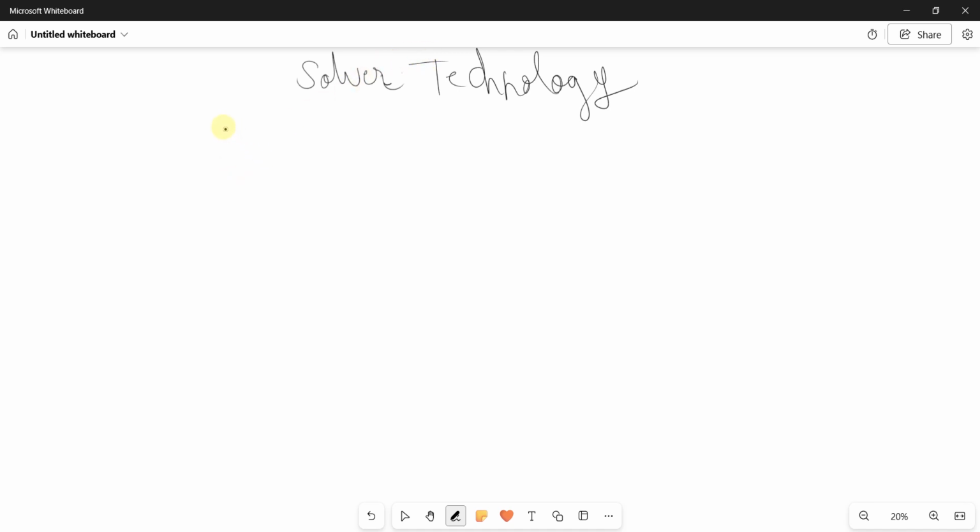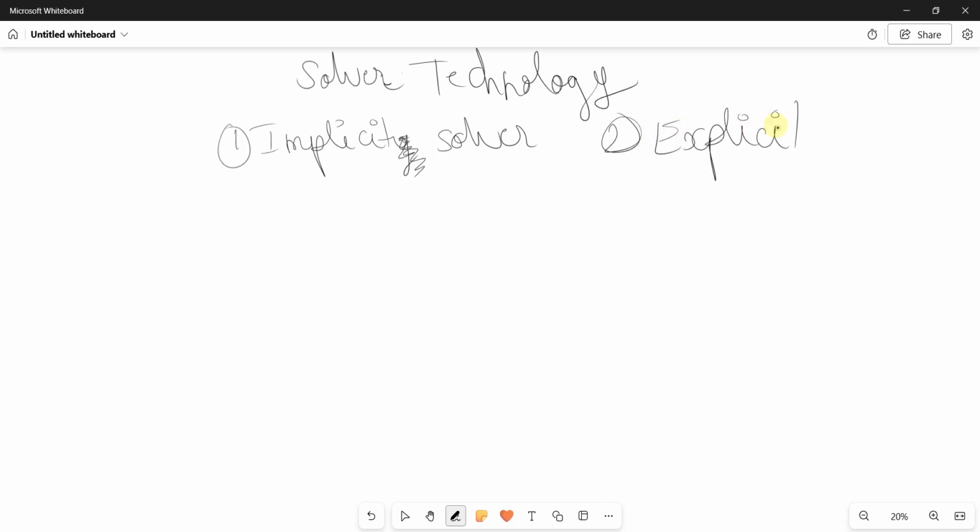So this is now where we are going to talk about two types, that is your implicit solver, and two, your explicit solver. So what does each of them mean?